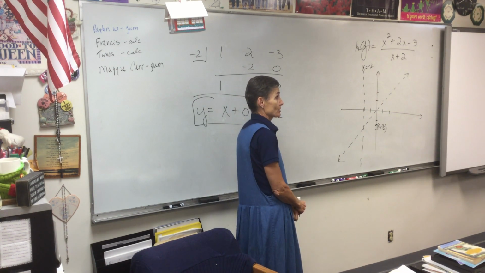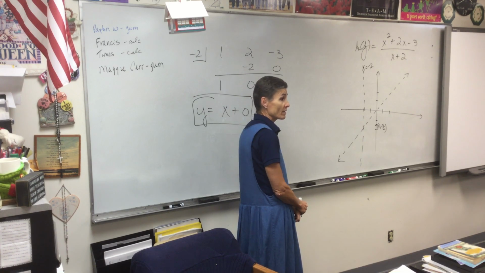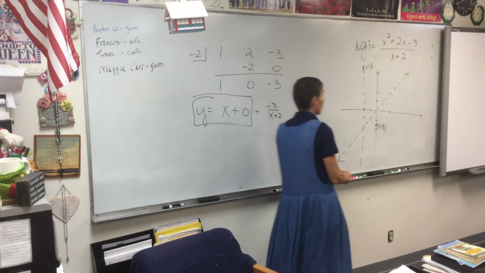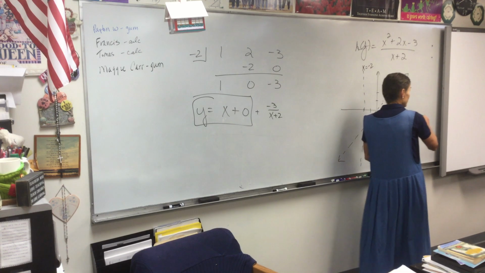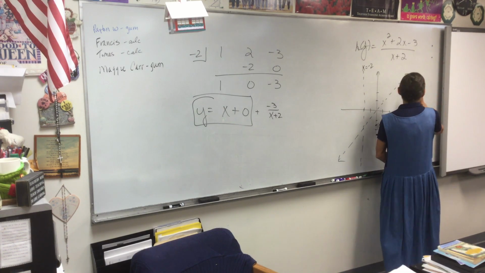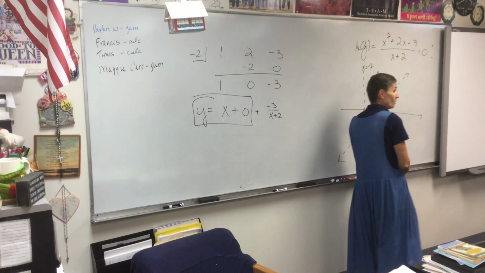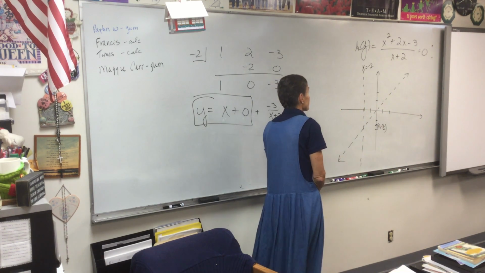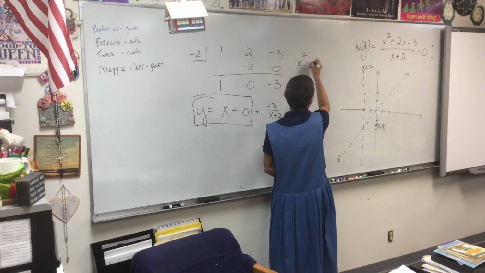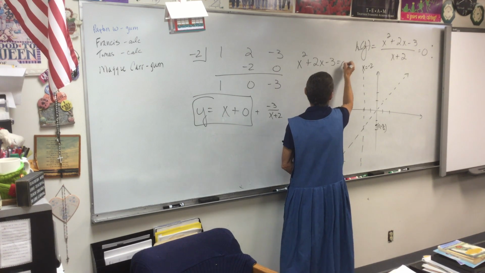It has x-intercepts. I have to figure out where they are, and I do that how? X-intercepts. Oh, you plug in. Well, I plug in 0 here, right, so I set my equation equal to 0, which means basically I'm solving this equation.